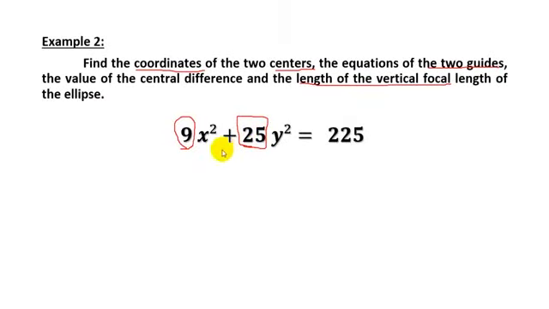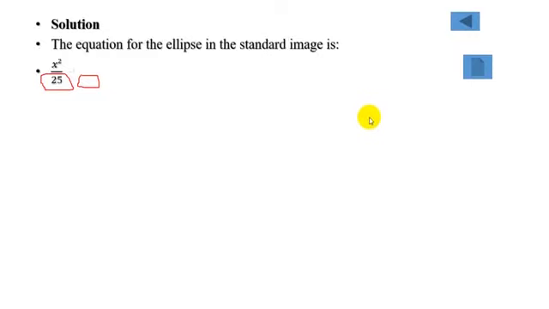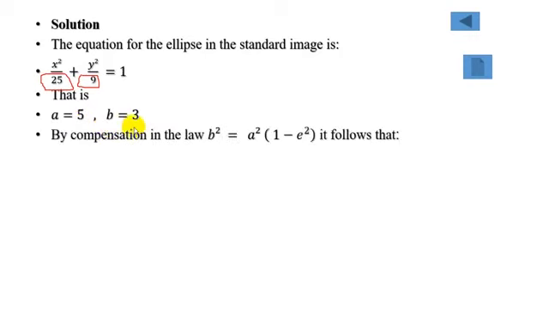Because if I divide by 9 it will be here, and if we divide by 25 it will be there, and that equals our equation here. Also, we can see that a equals 5 and b equals 3.